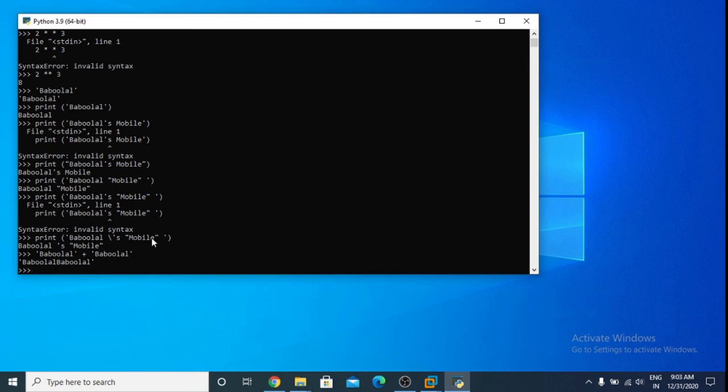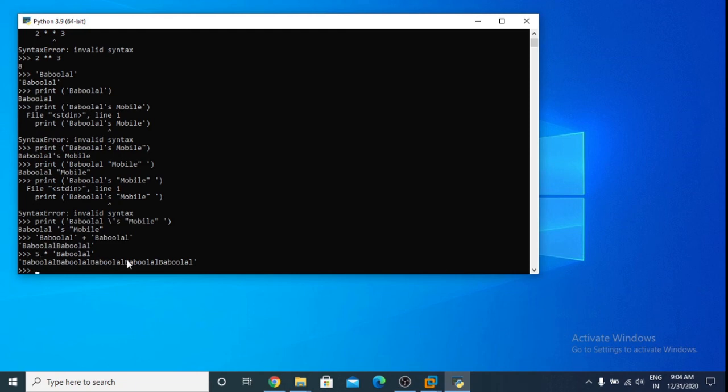Okay, so it printed both Babulal and Babulal. If I want to print it multiple times, like I print Babulal 5 times, so 5 multiply Babulal. Okay, so it gives Babulal printed 5 times. You can try multiple times, 10 times, 20 times.